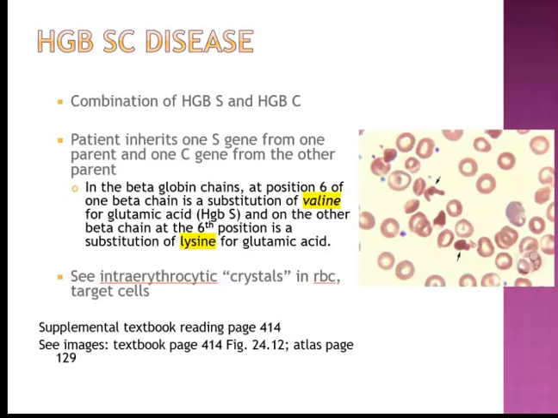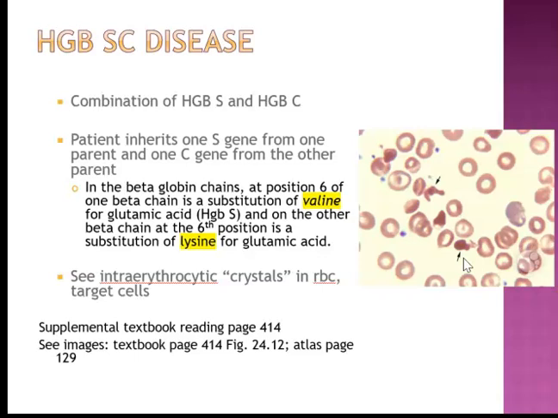So in an example of a patient with hemoglobin SC, you would see something called intraerythrocytic crystals in your red blood cells. And you could also see target cells. So what would these cells look like? Well, the arrows are pointing to some of these crystals on the right-hand side in the image.